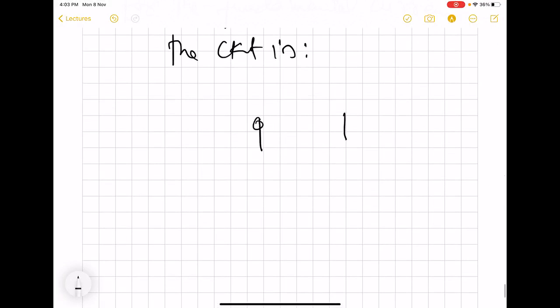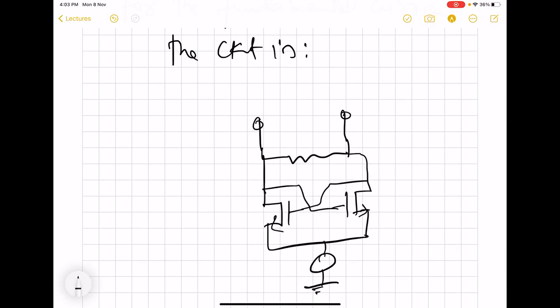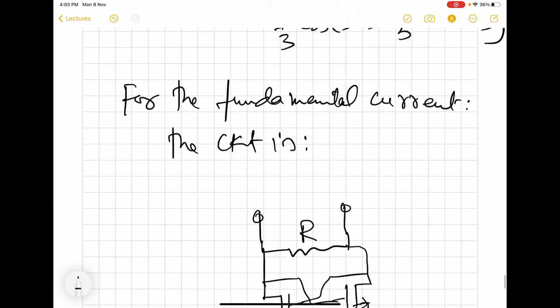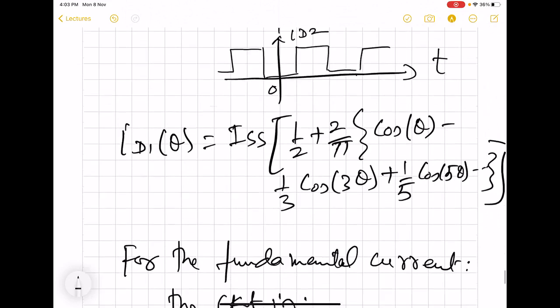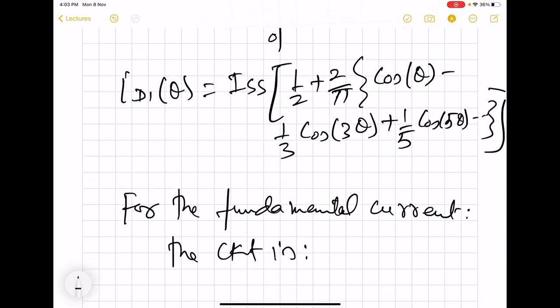This L and C behave like an open circuit, and only the resistor part is there. So the fundamental of this ID1 and ID2 flows through this resistor. This is ID1, and ID2 is a 180 degree shifted version, so ID2 is going to be the negative of this.